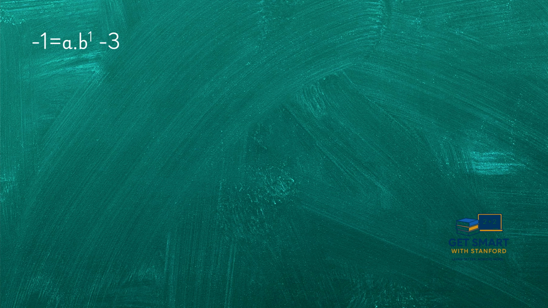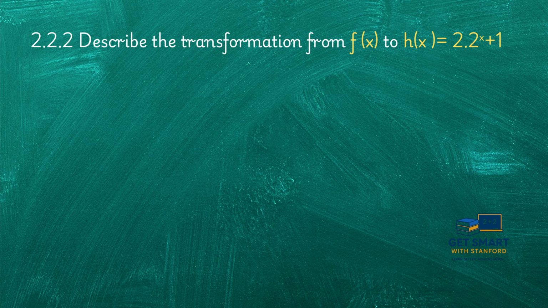We find the value of b to be equal to 2. Plugging those values into the original equation, f(x) will be equal to 2 to the exponent x, and 3 is subtracted from that. That is what is required of us.